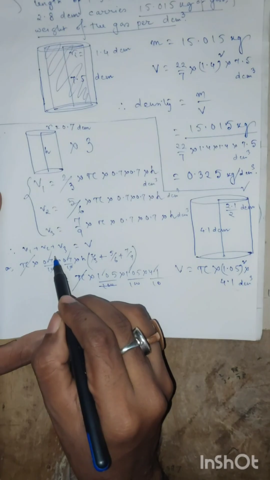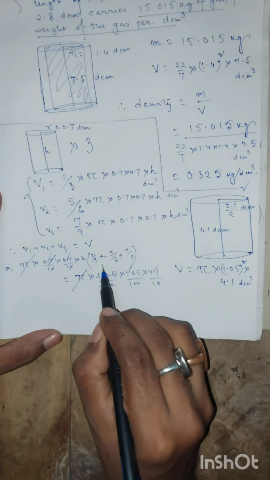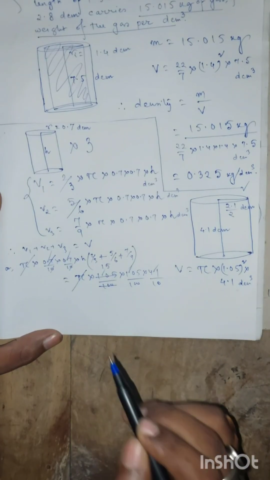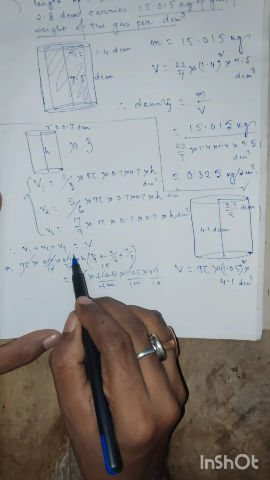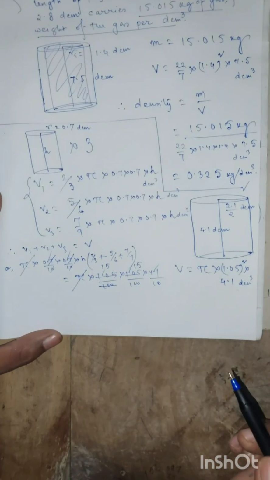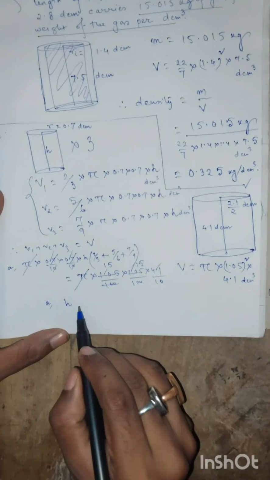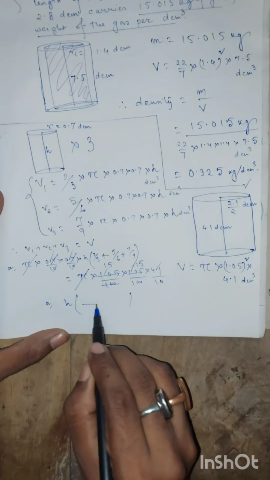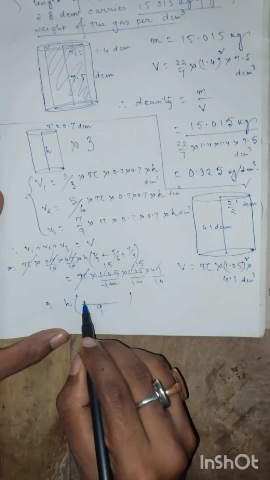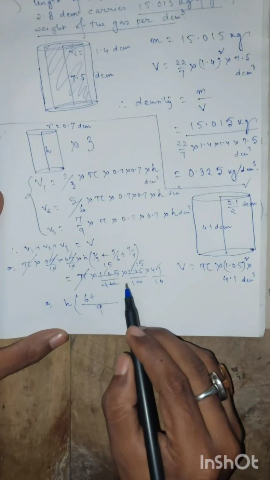And by 7 we can cancel 105. It becomes 15. And by 7 again we can cancel 105. It becomes 15. So we are left with H within bracket. Let us add these fractions. So the LCM should be 18.